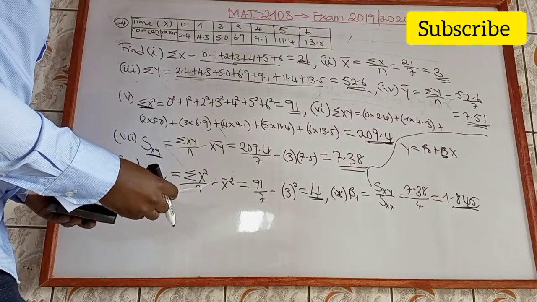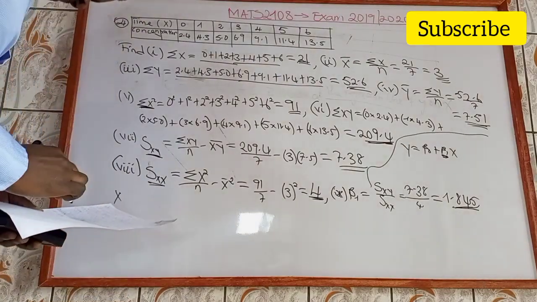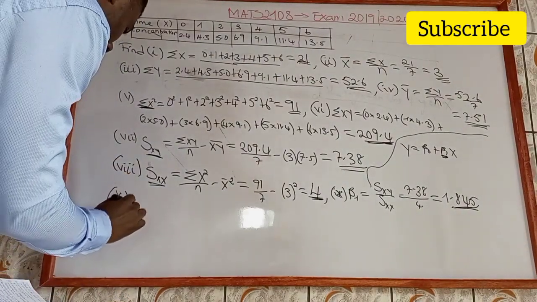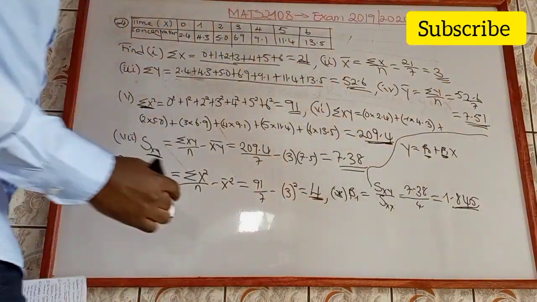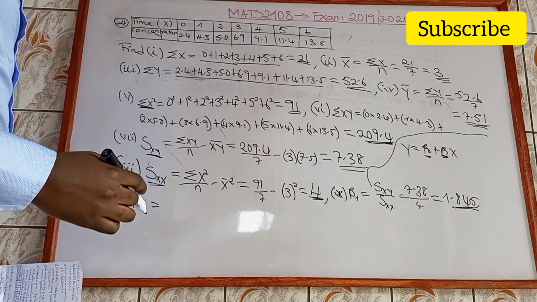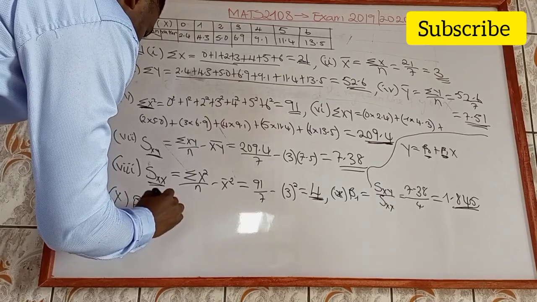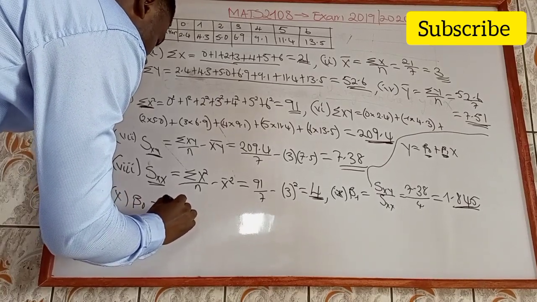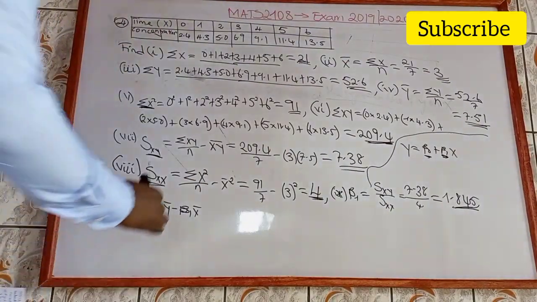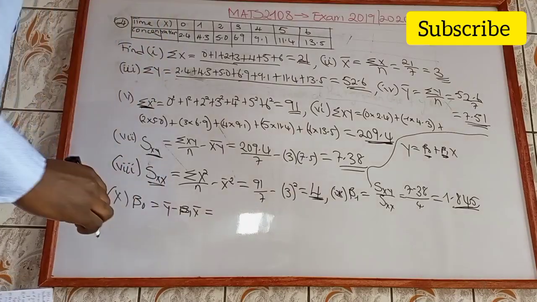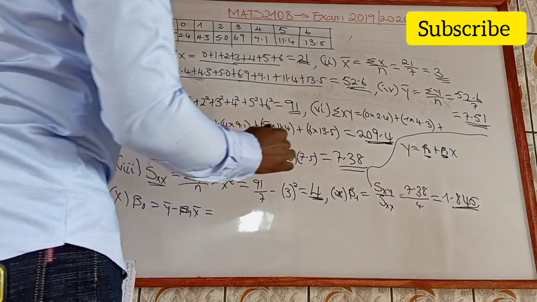And then Roman 10 says we should calculate B0. This is B0 here, and we know that B0 is obtained as y bar minus B1 x bar. Where's our y bar? We already calculated y bar somewhere.